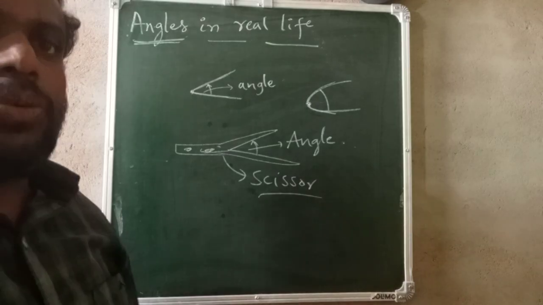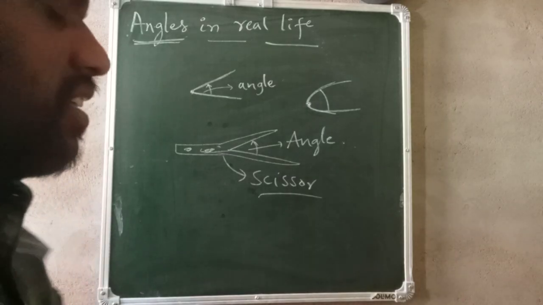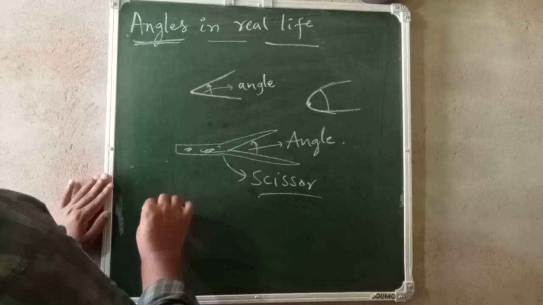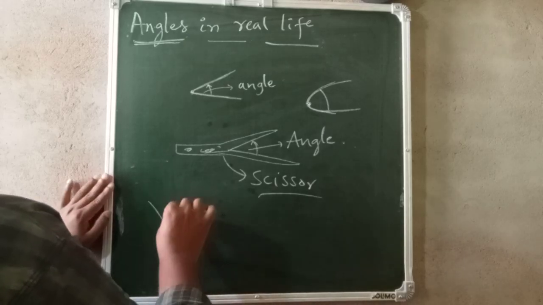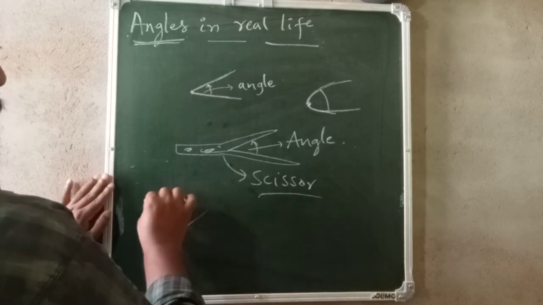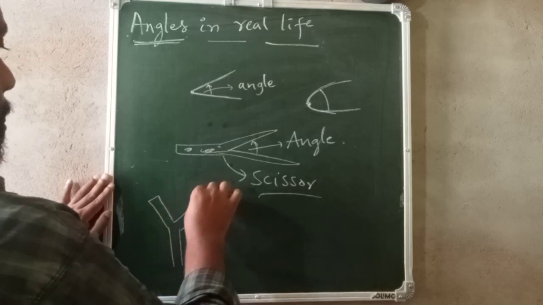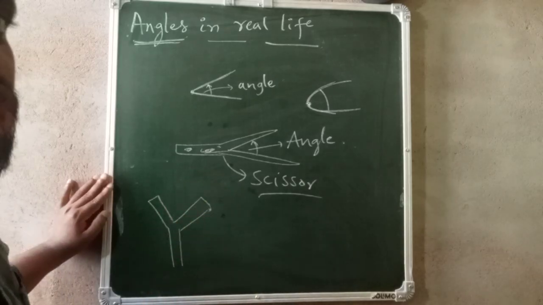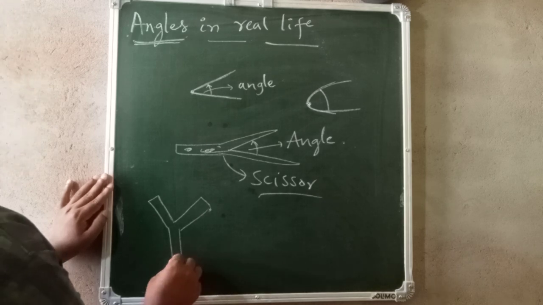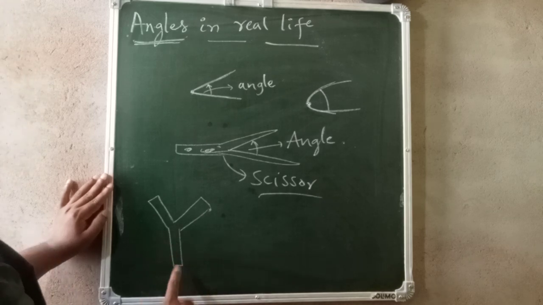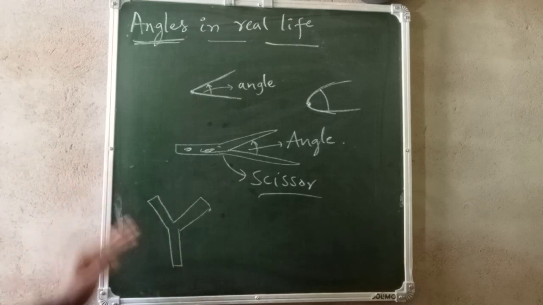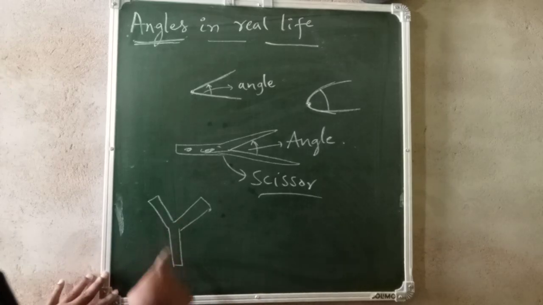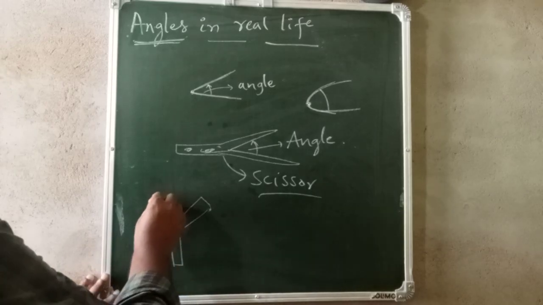And you might have seen a catapult like this. See, catapult you have seen, right? Children will use it for playing. It is a stick kind of thing. It's made up of wood.